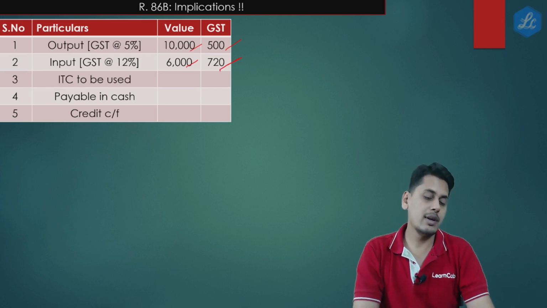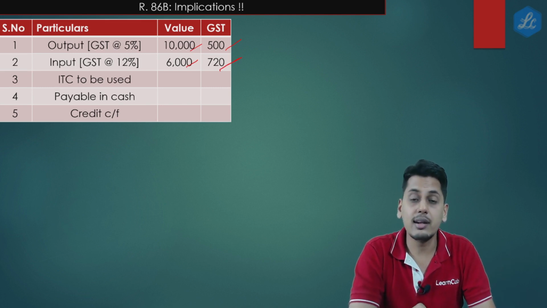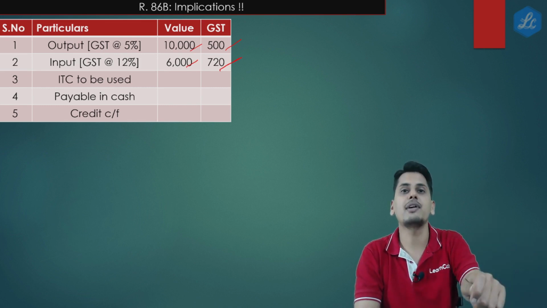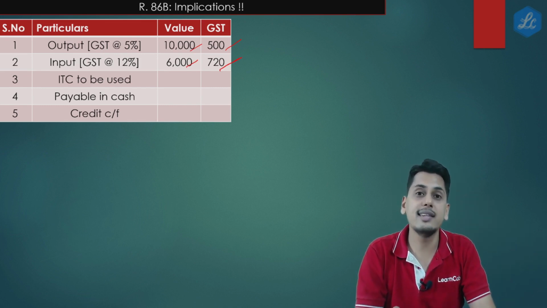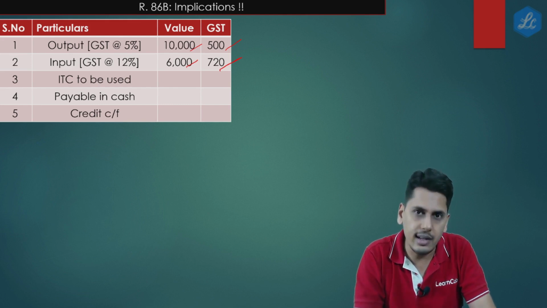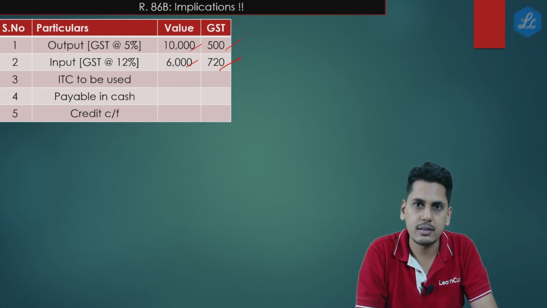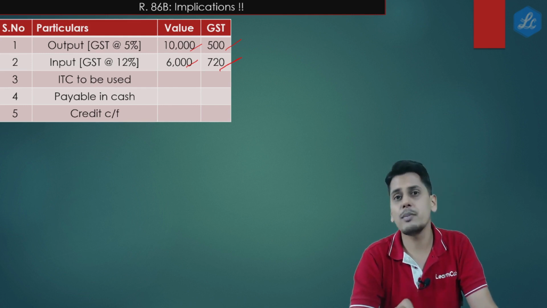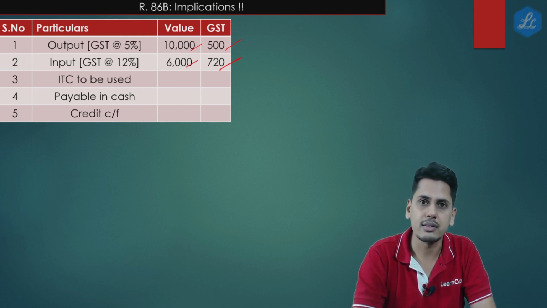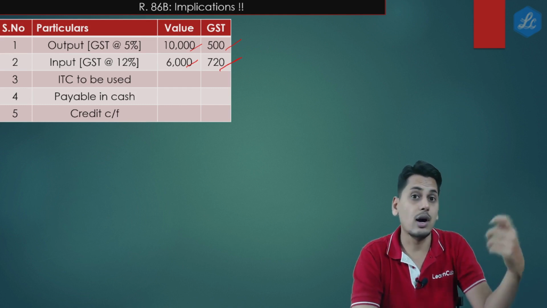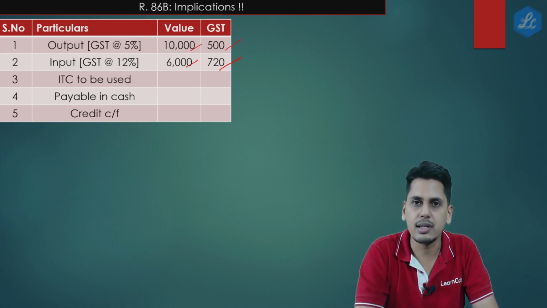Now friends, if you carefully look at his business, the rate of tax applicable on his inward supplies is greater than the rate of tax applicable on his output. Let's suppose he is a manufacturer, he purchases raw materials, his inwards are taxable at 12%, his outward is taxable at 5%.